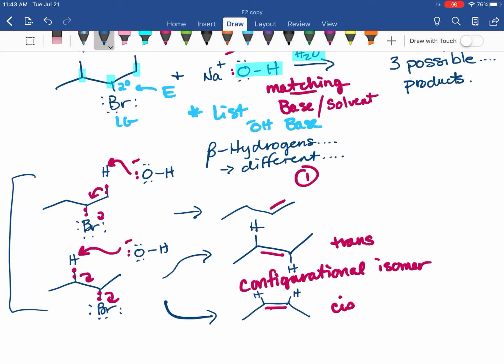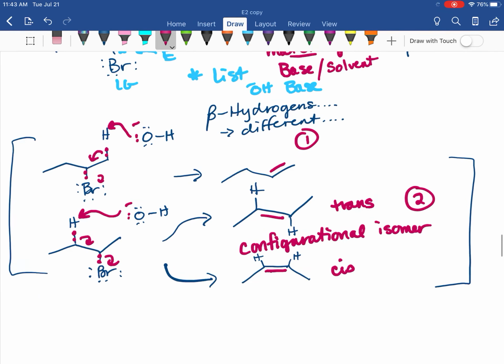So this is trans. This is cis. These are configurational isomers. Both are possible. So this is why I said we get three possible products, and then we're going to slim it down. So we can have that outside alkene, or we could have that more inside alkene, and we could have a cis or a trans with that inside alkene.